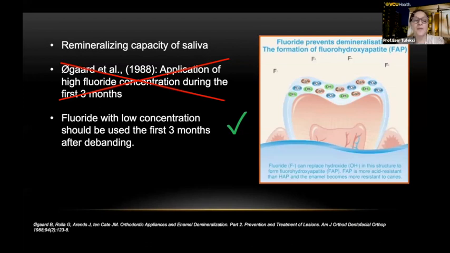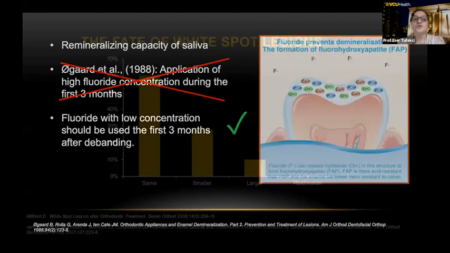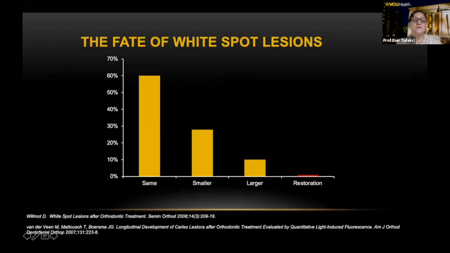This is his recommendation, and that was the reason why in our survey study we included this very important factor, because it seems like many orthodontists right away when we see those lesions, we're like, okay, go ahead and use this high concentration toothpaste. So we should not do that. And the studies that looked at what happens post-orthodontically, these lesions, they reported that about 60% remain the same.